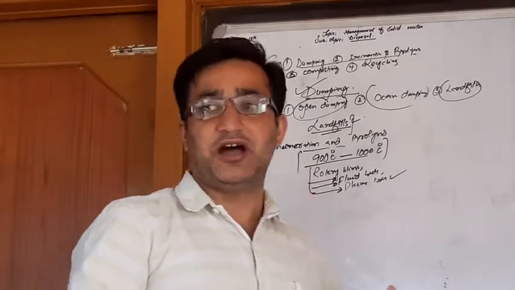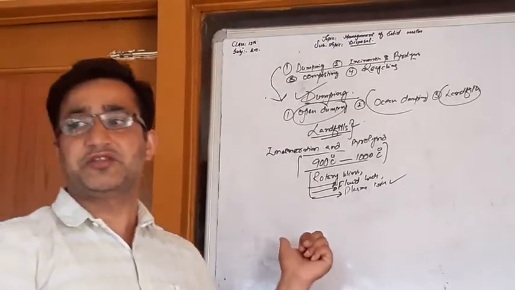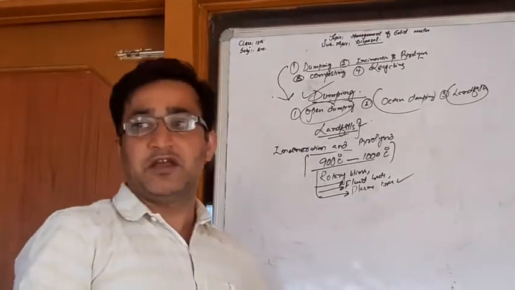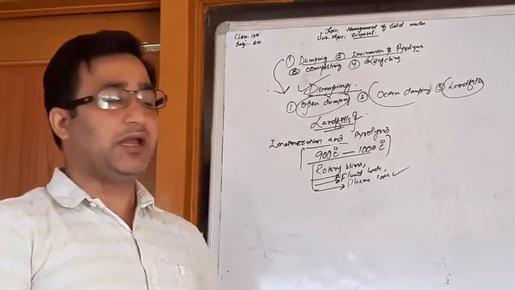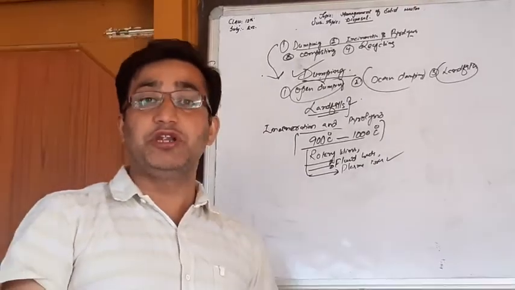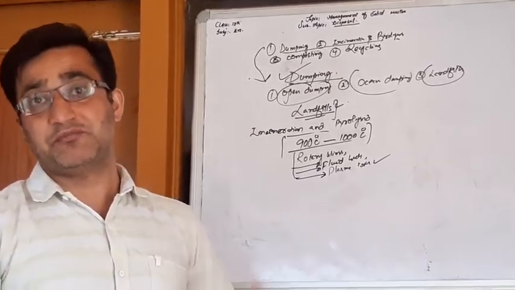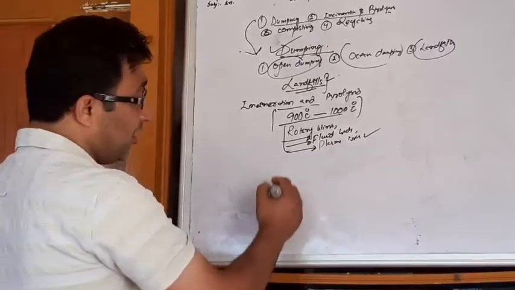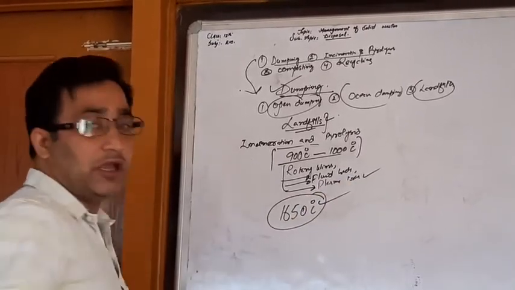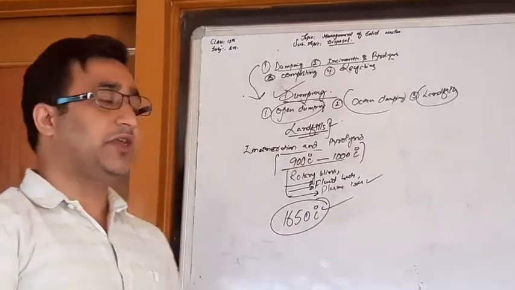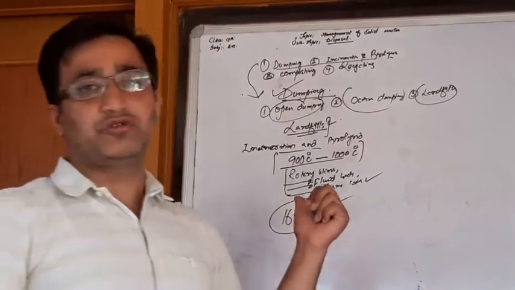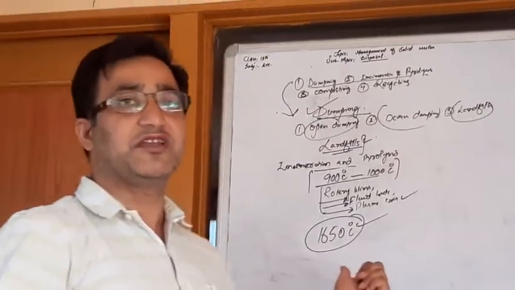The other thermal method is pyrolysis. Pyrolysis is a method that involves the burning of solid wastes anaerobically at a temperature of about 1650 degrees centigrade. When we burn anaerobically at this temperature, we call it pyrolysis. This pyrolysis also results in the release of industrial gases and other chemicals.